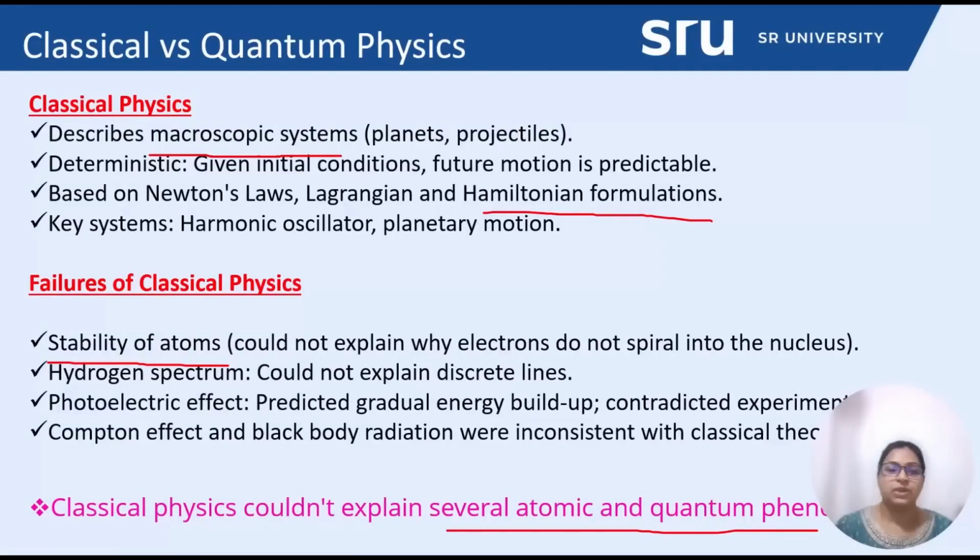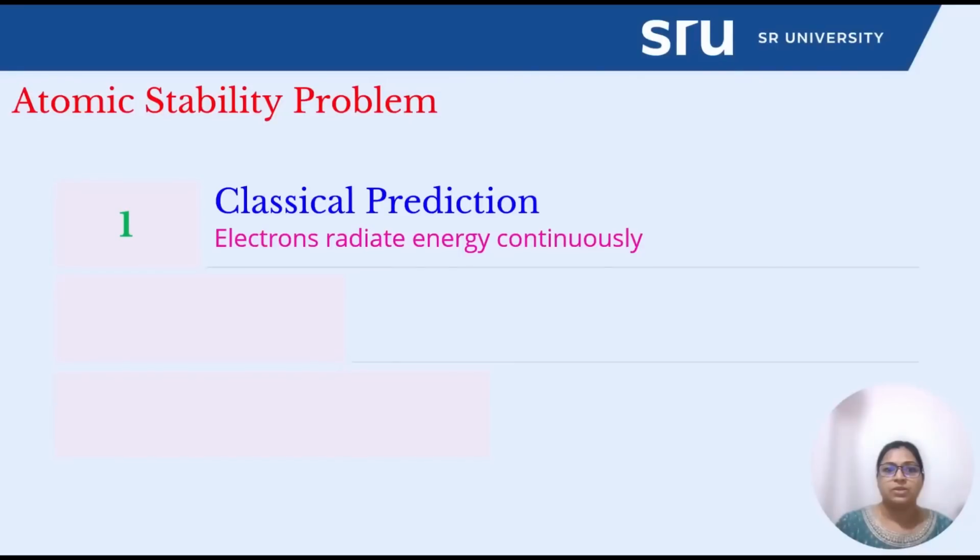So first we'll discuss the atomic stability problem. According to classical electromagnetic theory, any charged particle in motion, like an electron orbiting a nucleus, should continuously radiate energy.